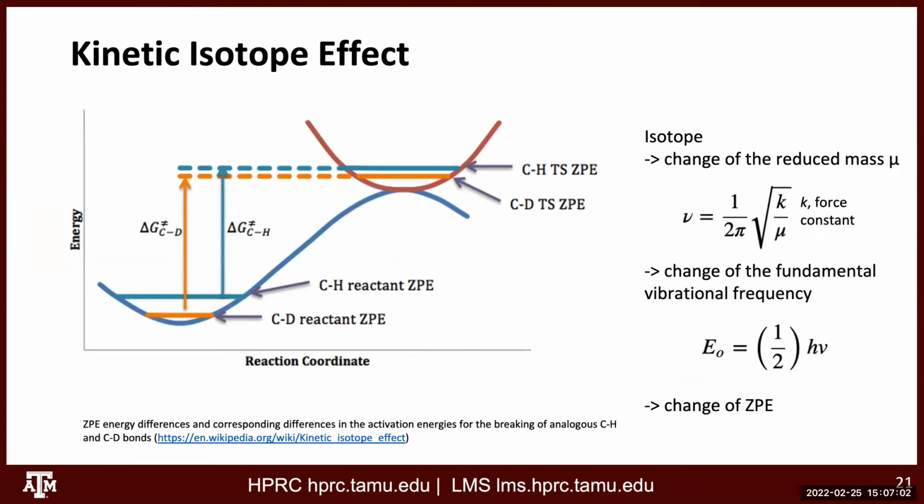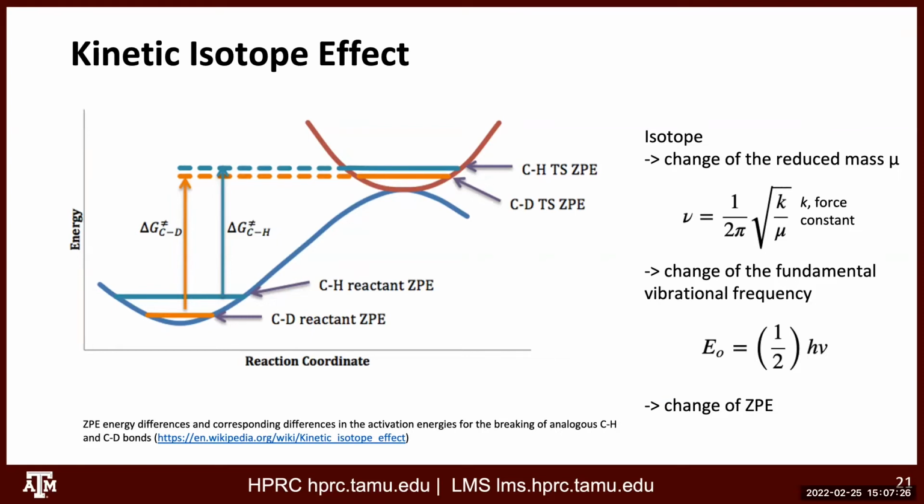So, to predict the kinetic isotope effect, why does it make that difference? That's because when you replace an atom with its isotope, the mass of that atom changes.